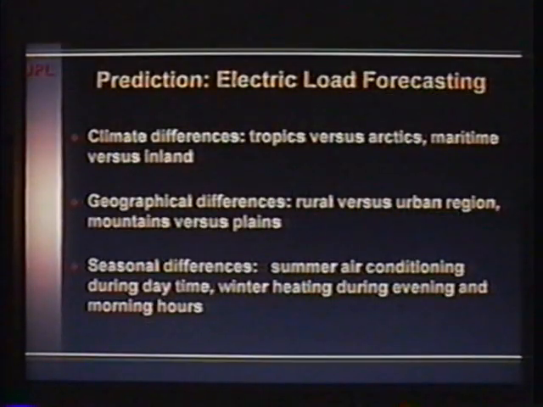The second example I would like to talk about is the use of the self-organizing feature map for the prediction of electric loads. We usually have problems in classifying the climate differences, tropic versus Arctic, maritime climate versus inland climate. We have geographical differences, rural versus urban region, mountains versus plains. We have seasonal differences, summer air conditioning during daytime, winter heating during evening and morning hours.